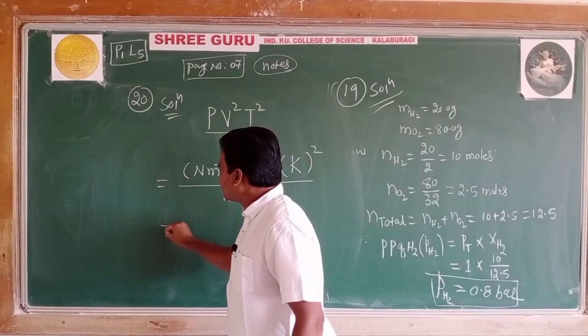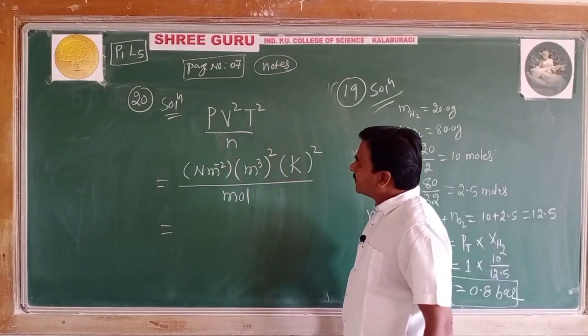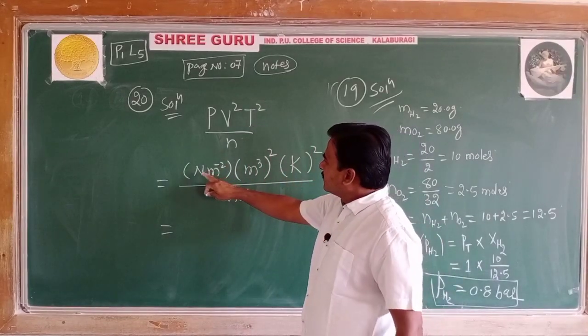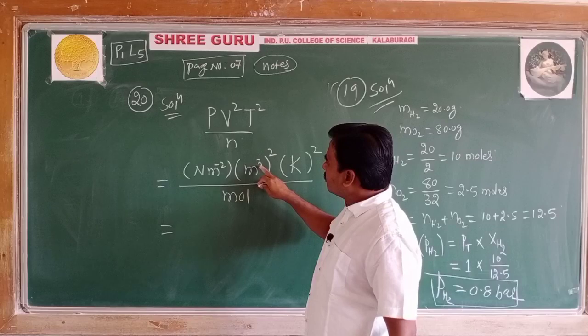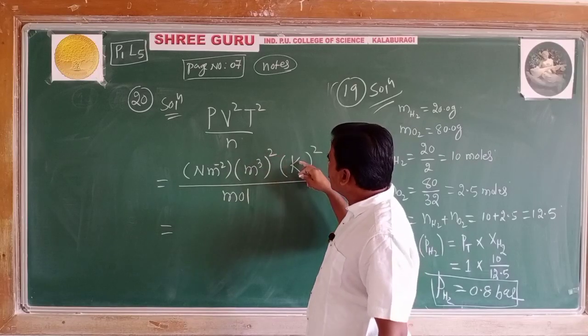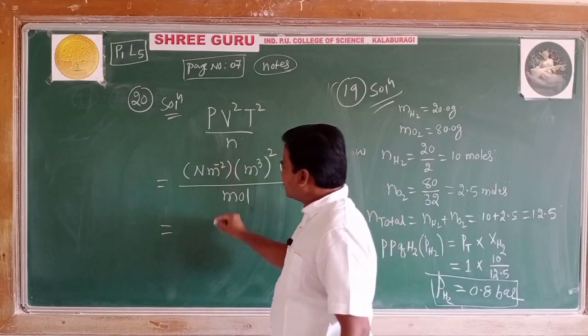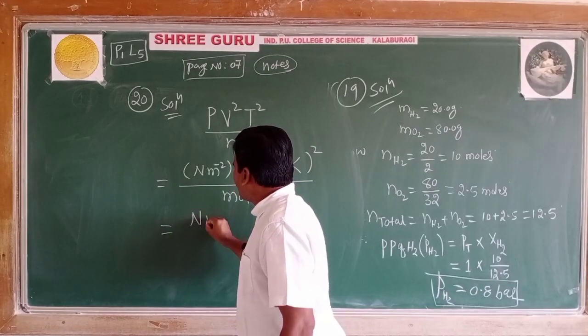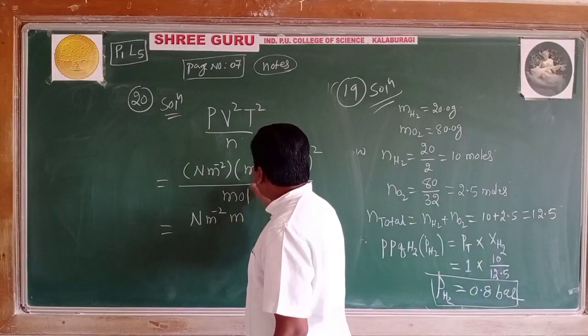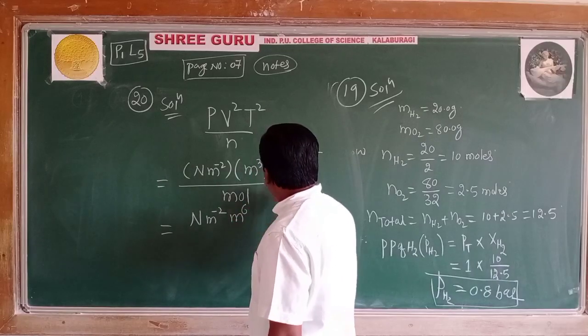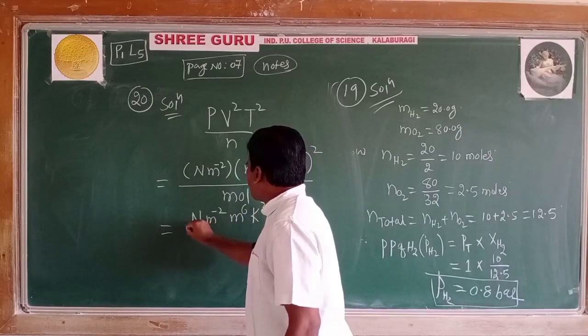Let's see further. Here, Newton per meter square, cubic meter whole raised to 2, Kelvin square. This gives Newton per meter square, meter raised to 6, Kelvin square divided by mole.